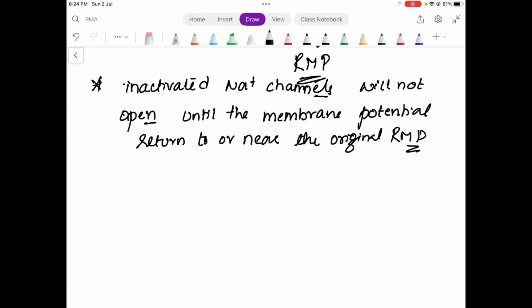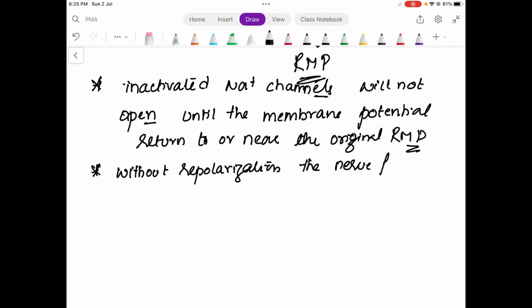Sodium channels will go into the inactivated state. With that inactivated state they won't open. Even if you send a signal, these sodium channels will not open until the membrane potential returns to or is near the resting membrane potential. That means without repolarization the nerve fiber cannot be excited.